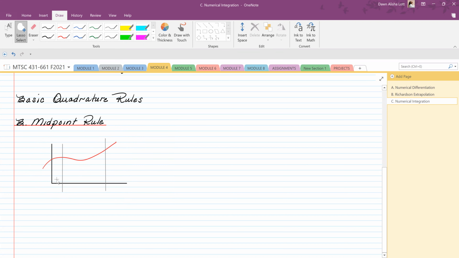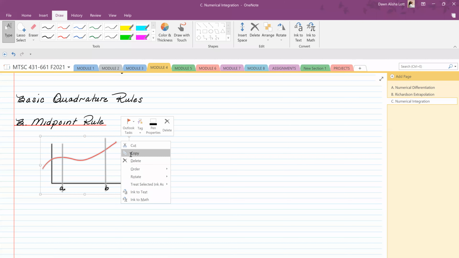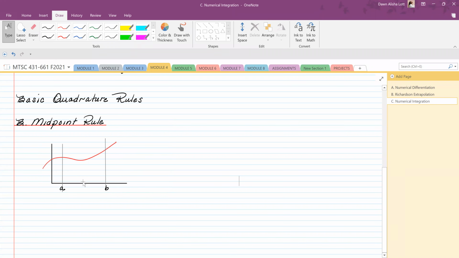Here's A and B. Find the midpoint between the two of them. Okay, so find the midpoint right here.